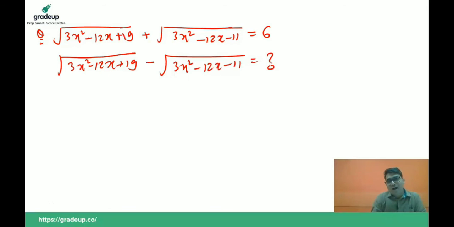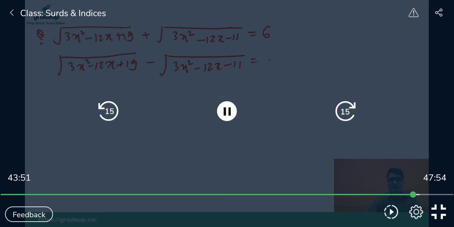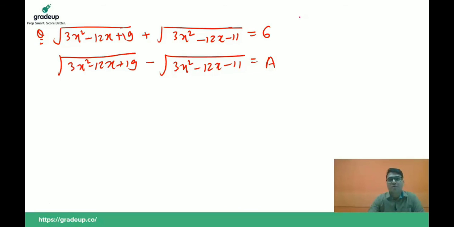This you have to find. Now guys, in order to do this question, I let this required figure as a. So when I multiply these two, I will get a plus b into a minus b, and you already know a plus b into a minus b is equal to a square minus b square.